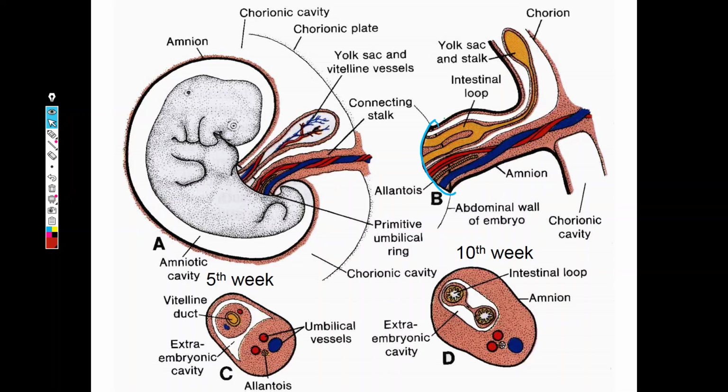So here we can see that we have also blood vessels around this structure. So we have some vessels around the yolk sac, the duct, and we have also some vessels in the connecting stalk, of course.